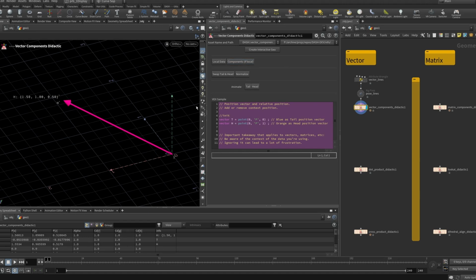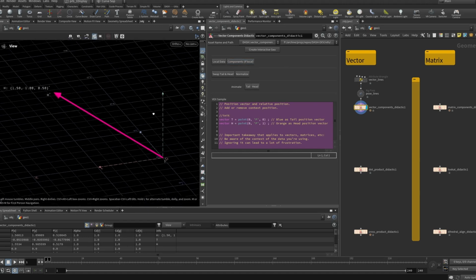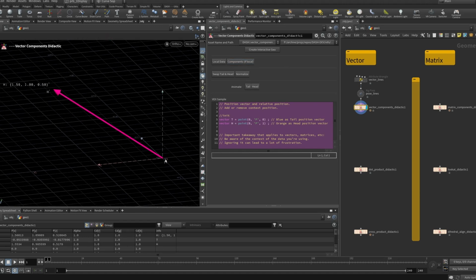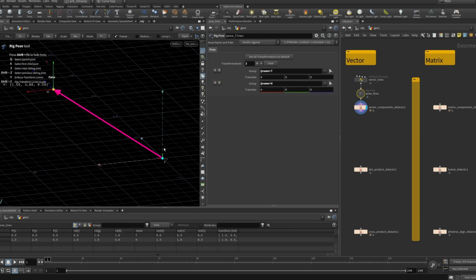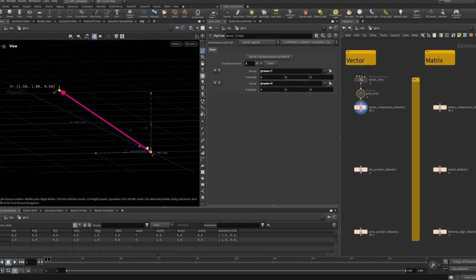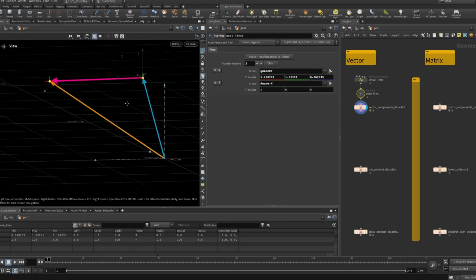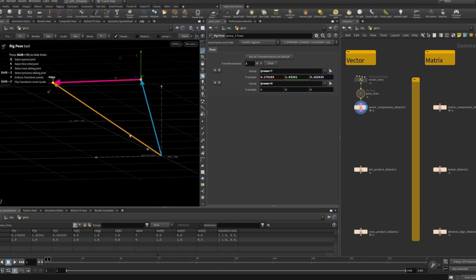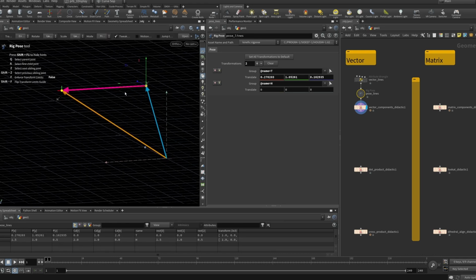Now, we can also have the issue of, well, what if my tail position is not at the origin? What if I want to create a geometric relationship between two positions? So if I come here to the KineFX rig pose and I move the tail point away from the origin, you now get this orange vector for the head point and this blue vector for the tail point. And then between them, there's this purple vector, a vector that goes from the tail to the head.